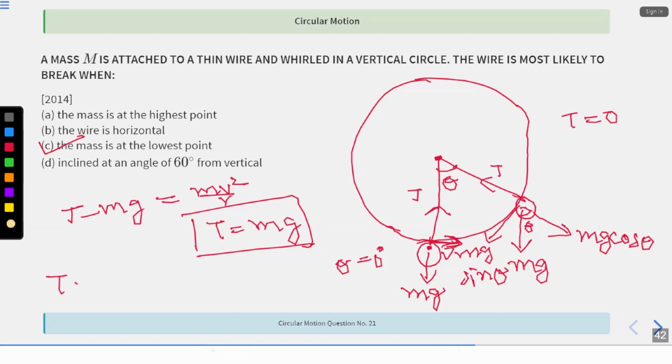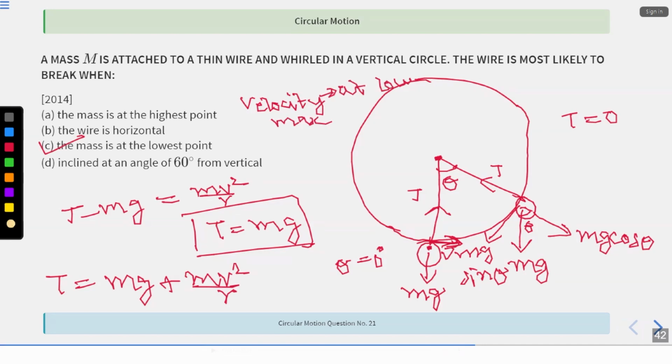So therefore the tension will be mg plus mv squared by r. And velocity will be maximum at the lowest point. Yes, makes sense? Okay.